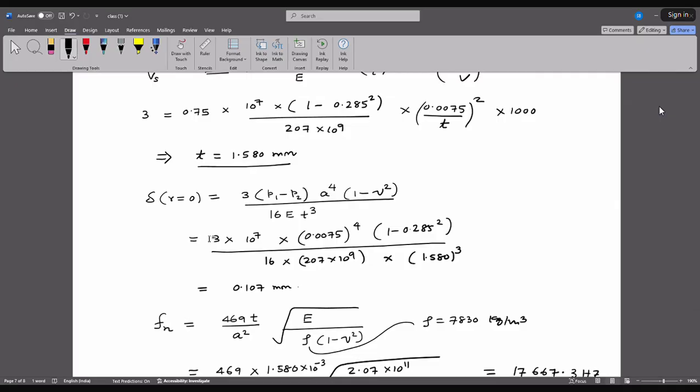You can assume some value, and I'm not really going to look at whether you have taken it as 7,800 or 8,000 or 9,000 or 10,000. I will look at the procedure mostly. But the values, if they're available, you can use them. If they're not available, you make your guess and do the calculation.